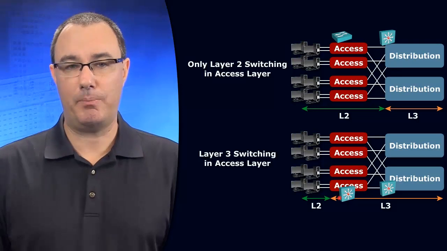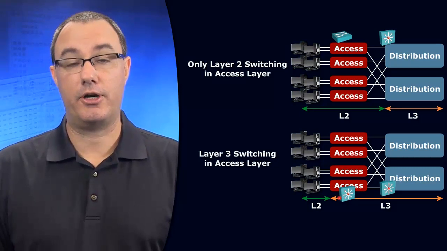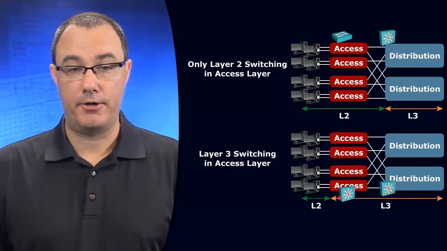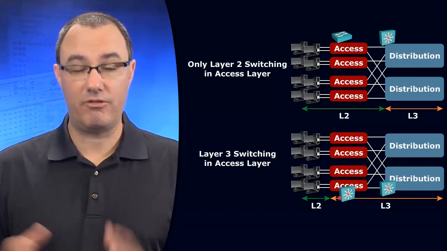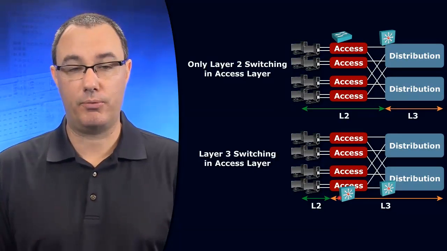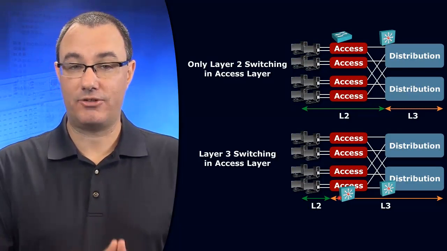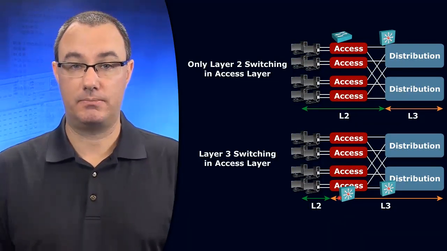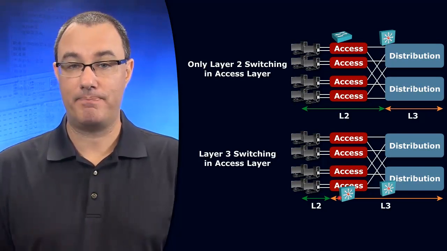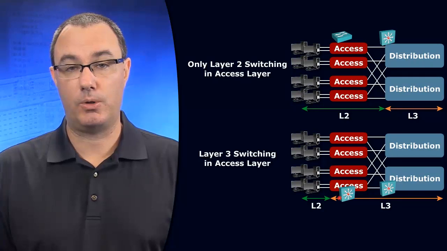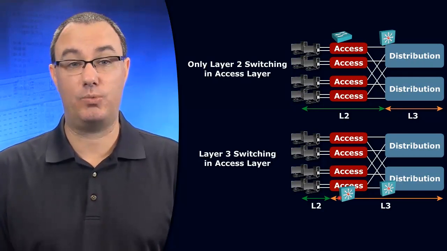Now, what are some of the impacts to us? Well, first, layer 3 access is going to cost us more money. But spanning tree is no longer the lifeblood and glue between layer 2 and layer 3. Now, we have routed connectivity between access layer and distribution layer. Routed connectivity means routing protocols as our convergence mechanism, as our loop prevention mechanism as well.